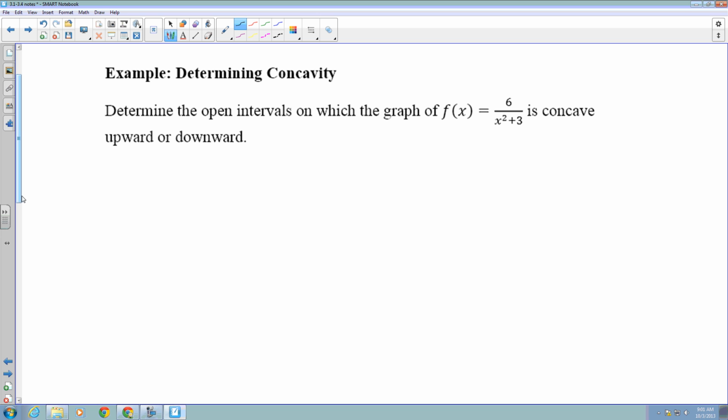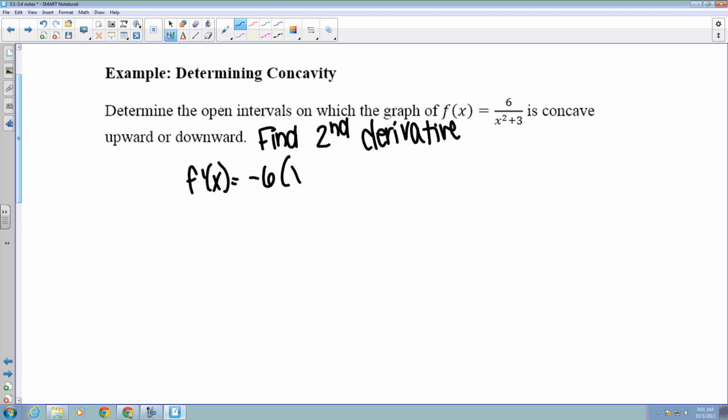So determine the open intervals on which the function is concave up or down. The first thing we need to do is find the second derivative. Okay, f prime is -6 times x squared plus 3 is -2 times 2x, or -12x over (x squared plus 3) to the second.